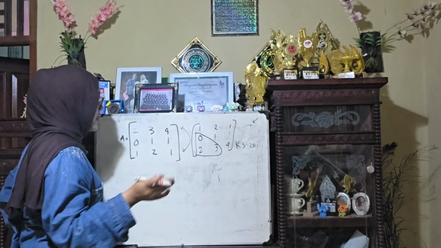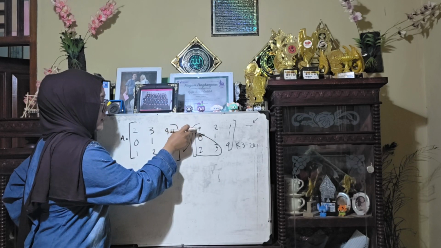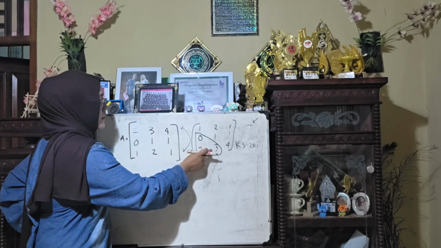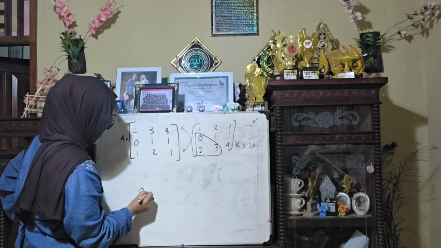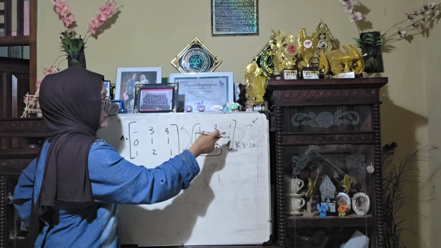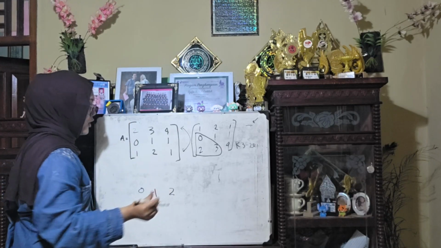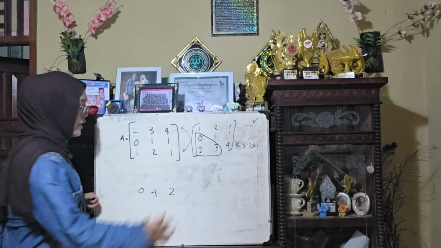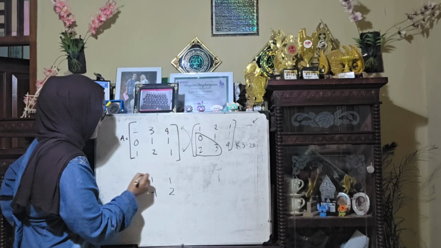Let's do this. 2 minus 2 times 1, 2 minus 2 is 0. Then 3 minus 2 times 2 is 4, 3 minus 4 is minus 1. Then 4 minus 2 times 1, 4 minus 2 is 2. We only need to change the third row, so we can write everything else the same as before.